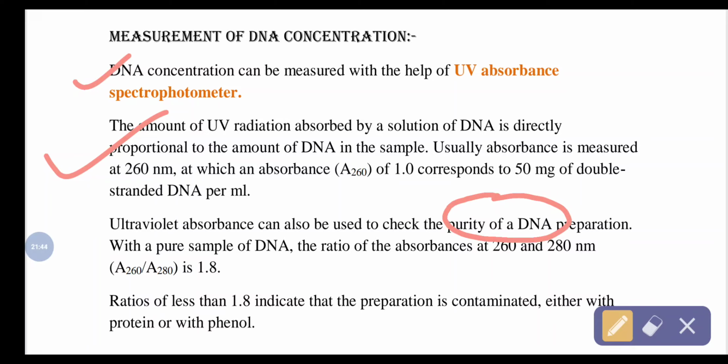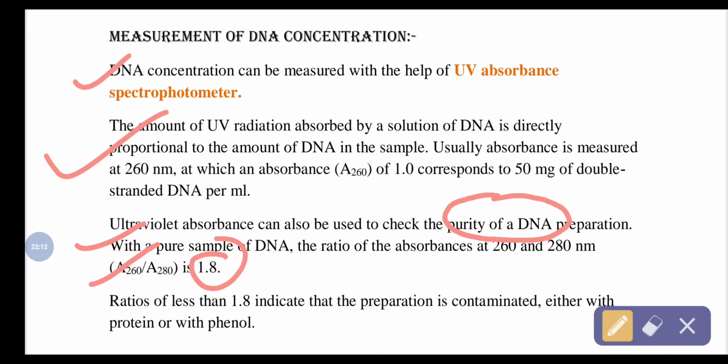How pure is your DNA? Whether it is pure enough to be used for further applications or not. So how are we going to detect that? It is with the help of a ratio. For a pure sample of DNA, the ratio of the absorbance at 260 and 280 nanometers should be around 1.8.